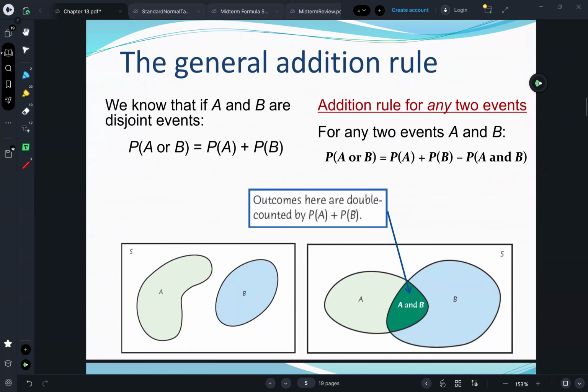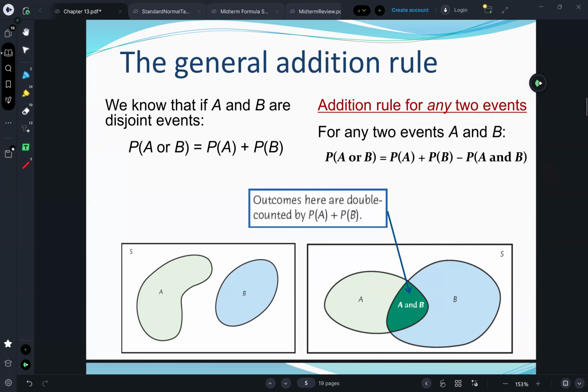But if the events A and B are not disjoint, then you have what's on the right. The probability of A or B is going to be the probability of A plus the probability of B, right? We're taking all of A and we're taking all of B and adding those probabilities, but we need to subtract the overlap, that intersection, because it will be counted twice if we don't.